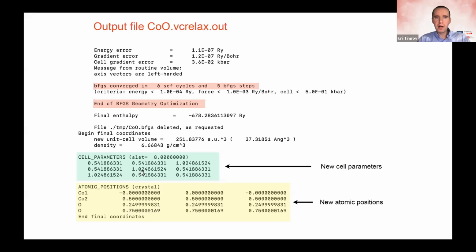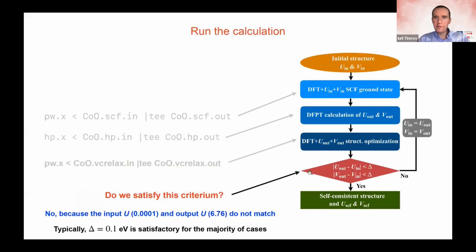And cell parameters did change indeed quite a bit. So with this new geometry, we are arriving at the step of checking whether the input and output Hubbard U match within some accuracy and whether the geometry changed significantly or not. Our input value of U was essentially 0, while the output is 6.76.